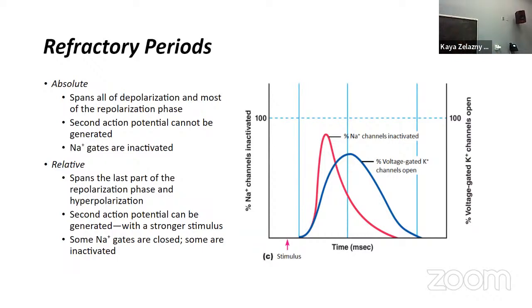A second action potential is therefore possible because our sodium channels have gone back to their resting state, their inactivation gates having swung back open at a certain point. But it's really hard to kick off a new action potential because potassium can leave that cell so easily.